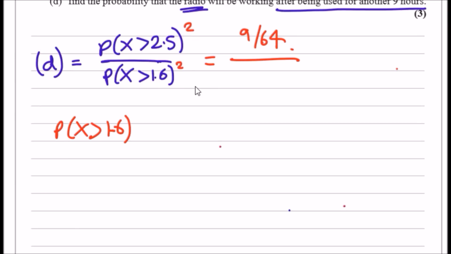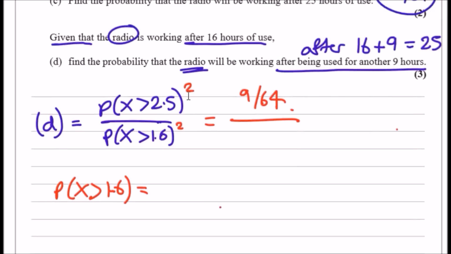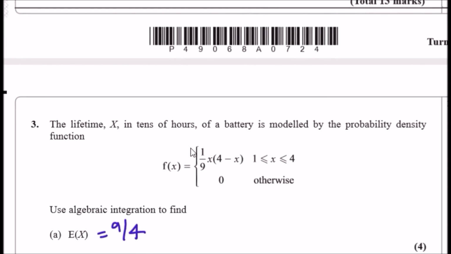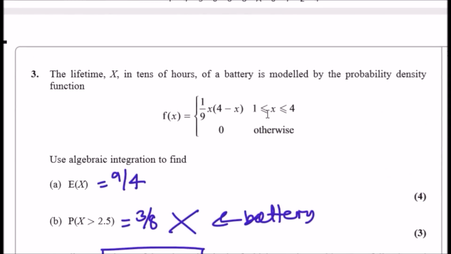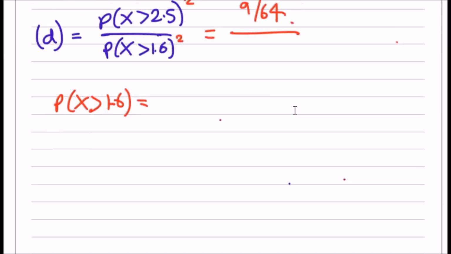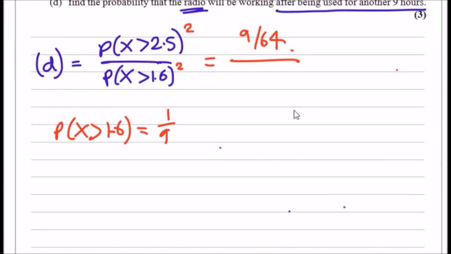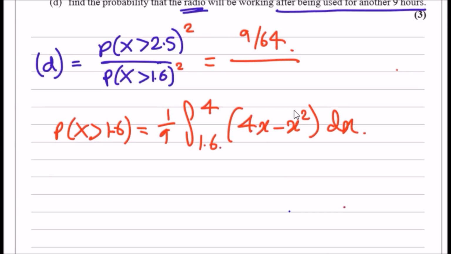This is quite fine. Now this is just standard procedure here. You just take the density function, integrate from the limit, so from 1.6 onwards all the way to 4, and you just smash it all in. So let's do it. 1 over 9 outside, integrate from 1.6 to 4, 4x minus x squared dx. Easy.